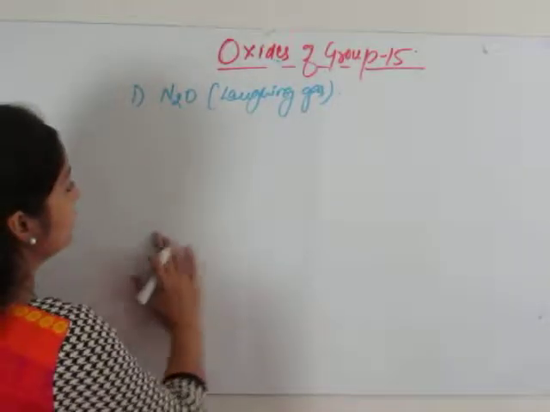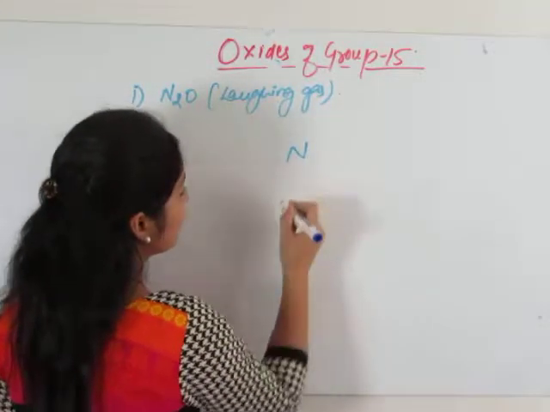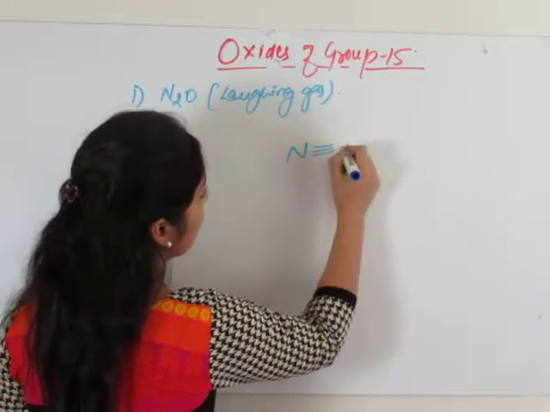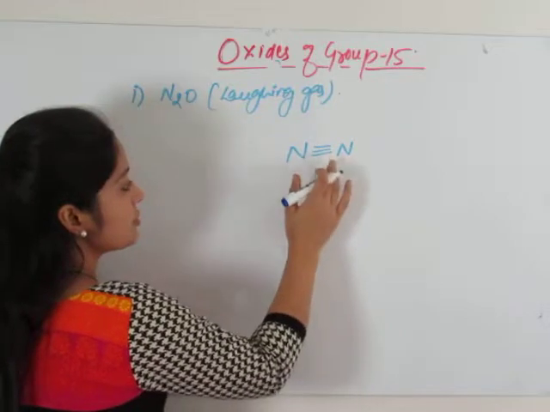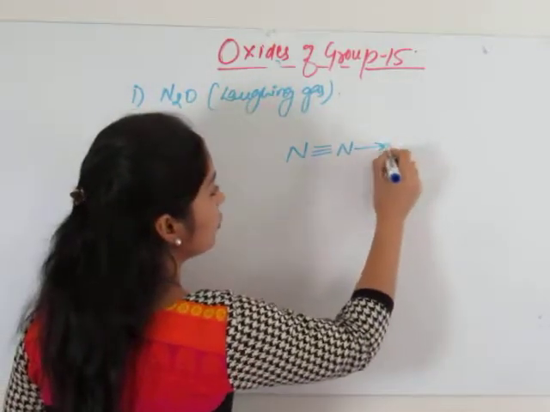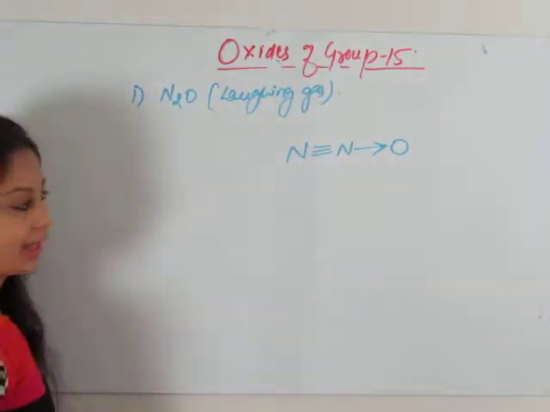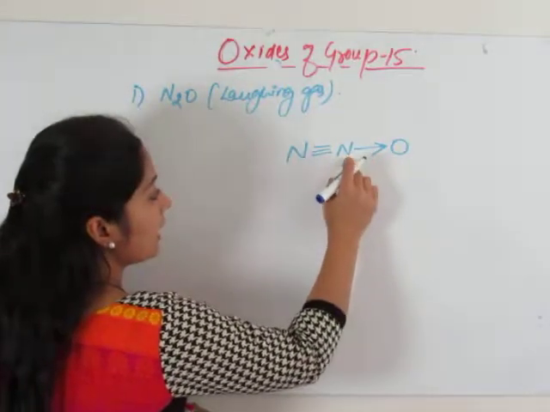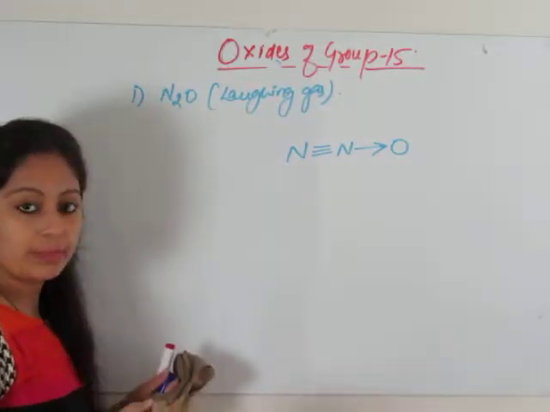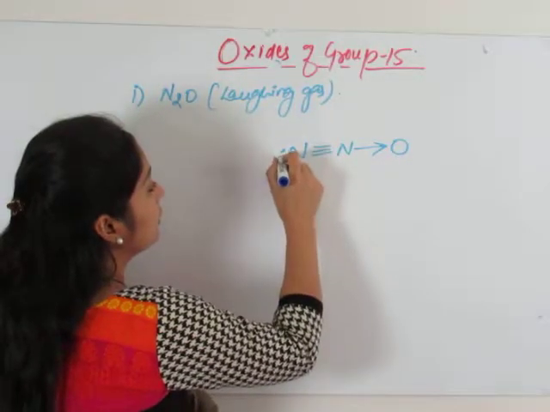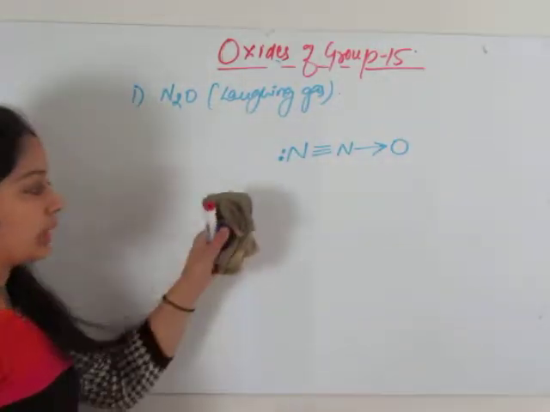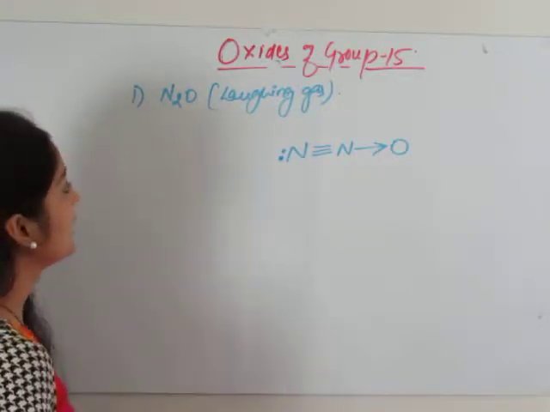So its structure: nitrogen, triple bond to nitrogen, two atoms के बीच में triple bond and one coordinate bond with the oxygen, right? इसका जो lone pair है ये यूटिलाइज हो गया कोऑर्डिनेट बॉन्ड बनाने के लिए ऑक्सीजन के साथ, and here with this nitrogen one lone pair is present, right?